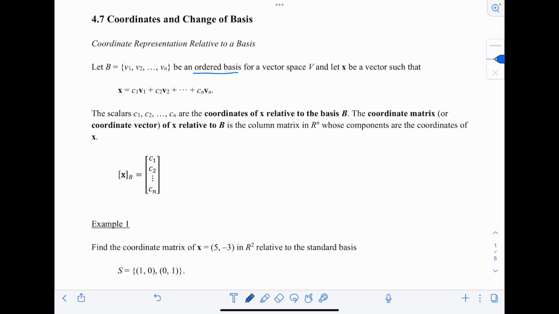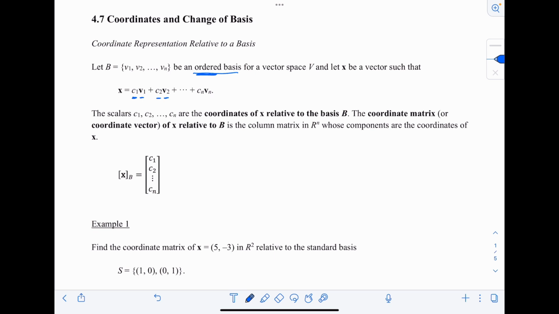The idea behind an ordered basis simply means that the order of the vectors is actually important, in the sense that we want to make sure that the coordinates, these scalars, match up in the corresponding order of the vectors. So if I'm going to say C1 times V1 and C2 times V2, those multiplications are important.